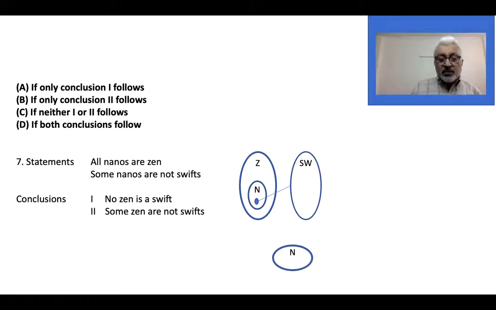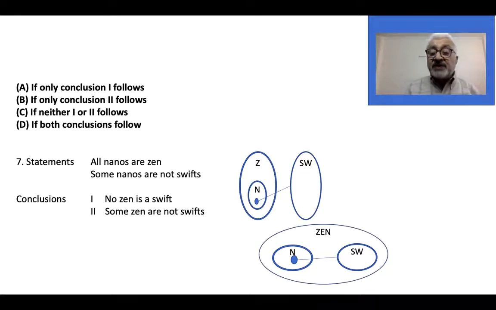Can we look at it in some other way? For example, this is your nano, all right, and this is that one part of nano, and we draw a Swift. This little part of nano can never meet Swift. All right, so it is now showing me the second statement in the second diagram, and all nanos are Zen. So nanos are inside Zen. Could Zen be this big, engulfing both of them?